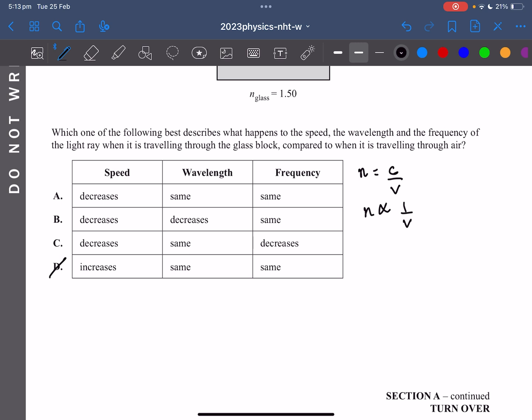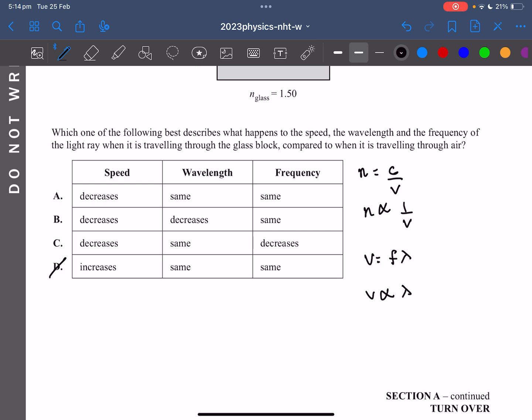Which is wavelength. So we know that v equals f lambda, right? And since there isn't any explicit mention of the source of the light, I'm going to assume that frequency stays the same. So v is going to be proportional to wavelength.